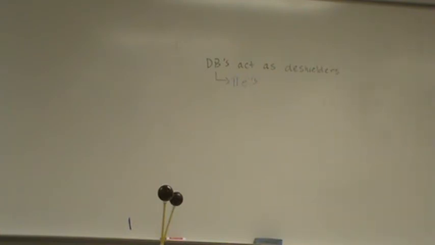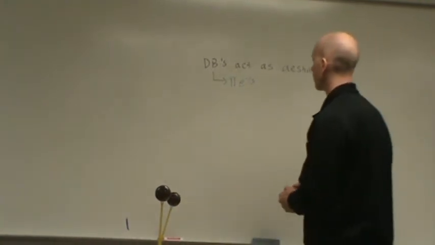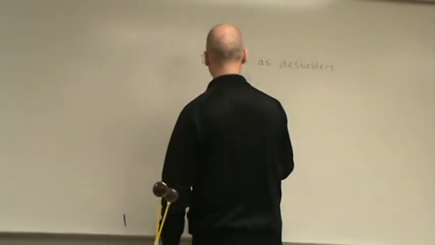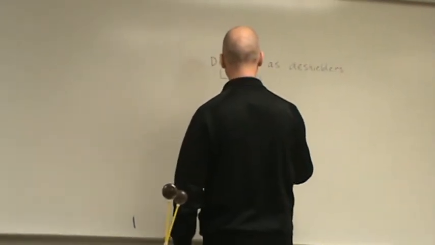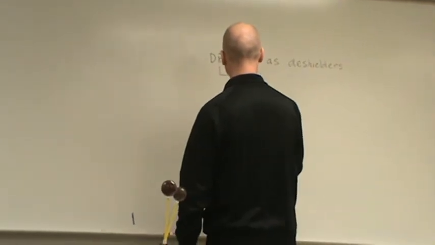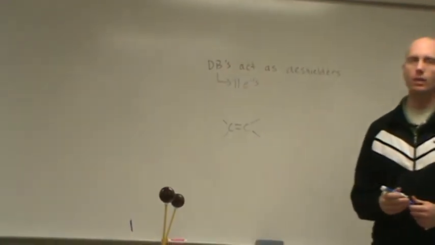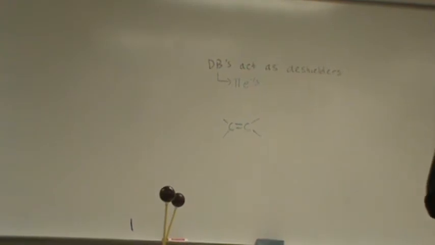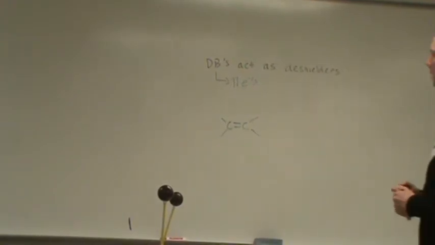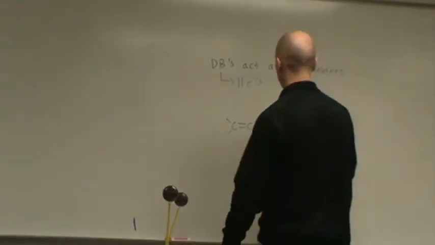So these things can act as deshielders. So let's take a look. If I had a carbon-carbon double bond, that thing can act as a deshielder. So let's see what's going on.